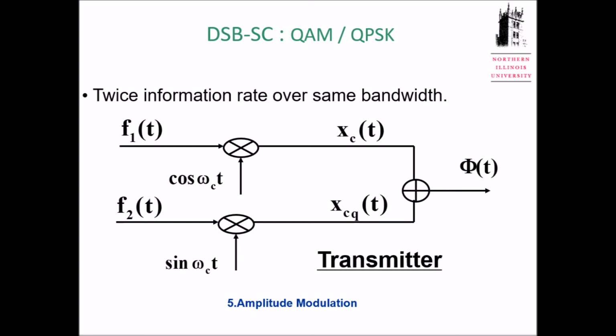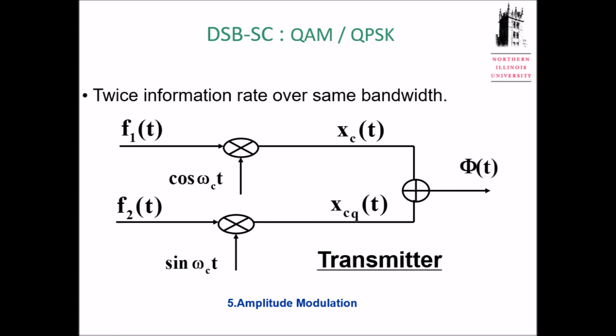One more thing we talk about, double sideband suppressed carrier, before we move to single sideband. If we use double sideband suppressed carrier, we can transmit twice the information over the same bandwidth. So let's look at what we can do. We have two messages, two information signals.